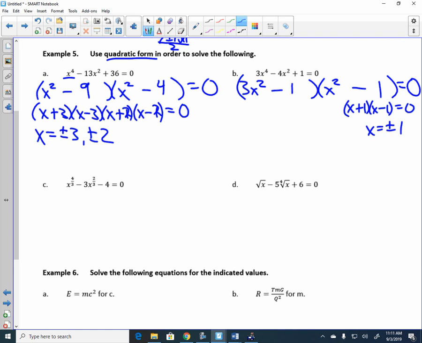But this one is a little bit more challenging. 3x squared minus 1 is equal to 0, or 3x squared is equal to 1. I'm not factoring it. I'm going to use square roots to solve this. Divide by 3, x squared is 1/3.